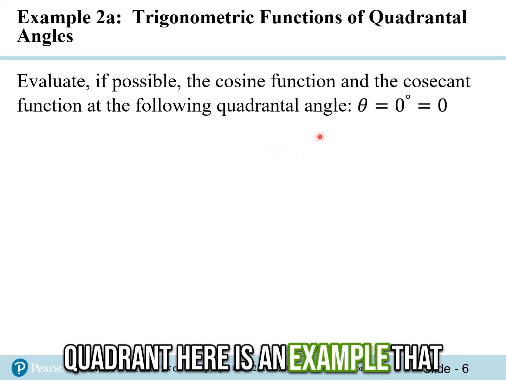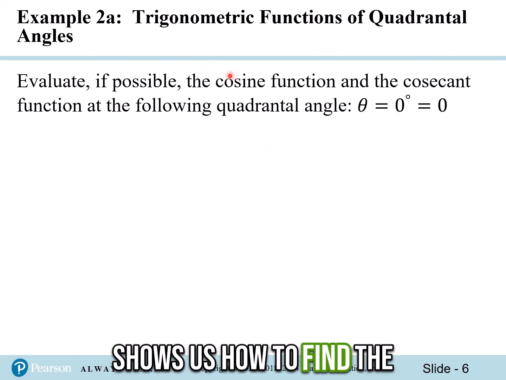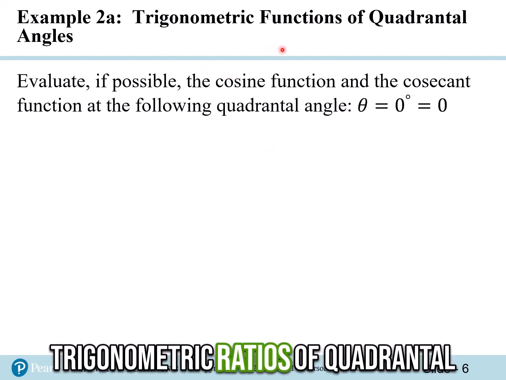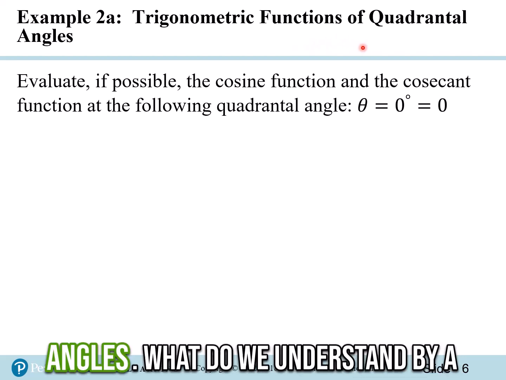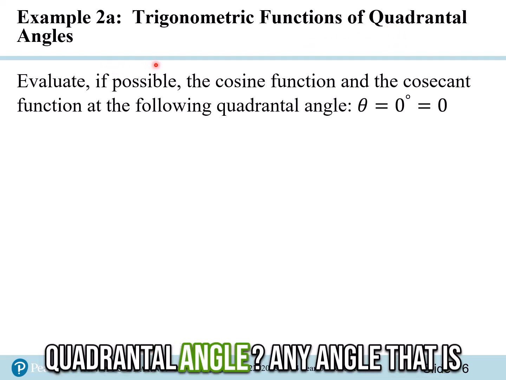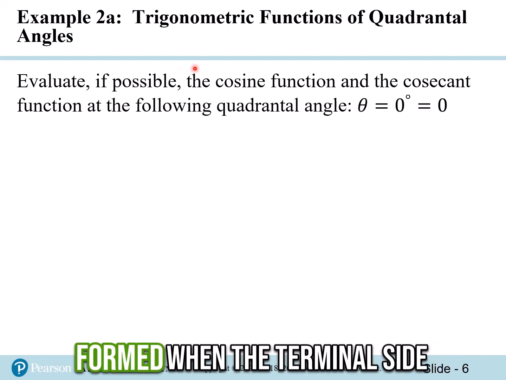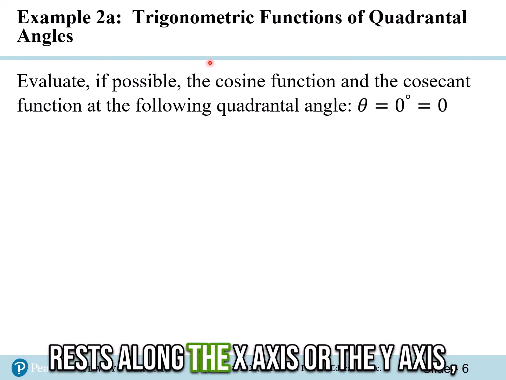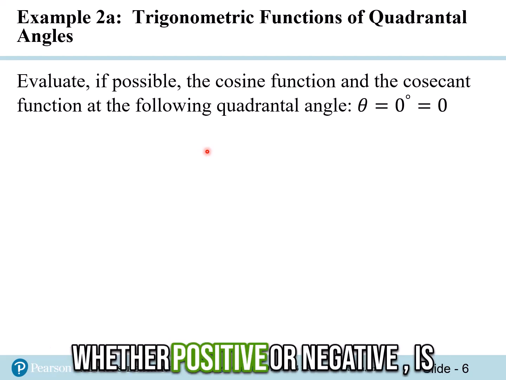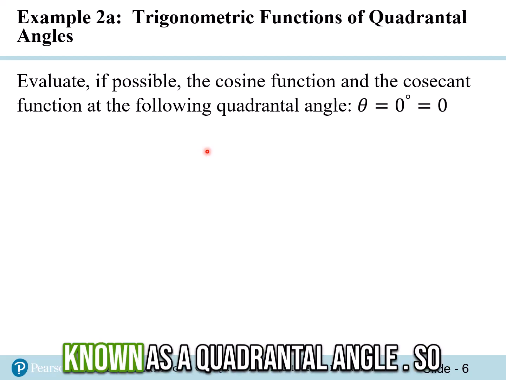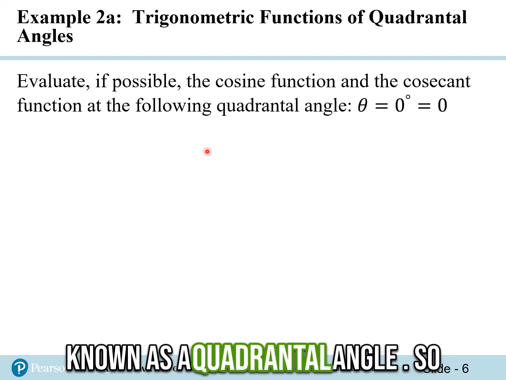Here is an example that shows us how to find the trigonometric ratios of quadrantal angles. What do we understand by a quadrantal angle? Any angle that is formed when the terminal side rests along the x-axis or the y-axis, whether positive or negative, is known as a quadrantal angle.